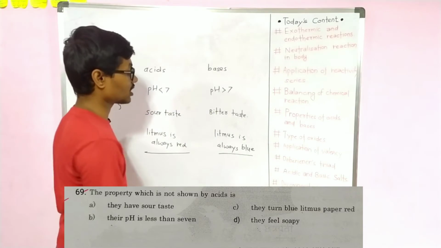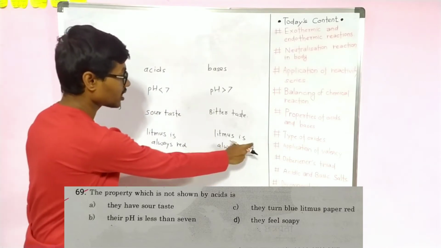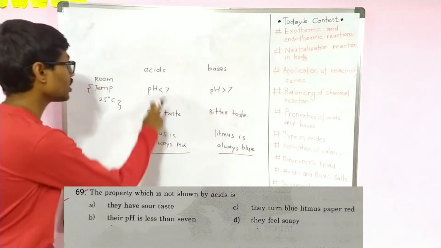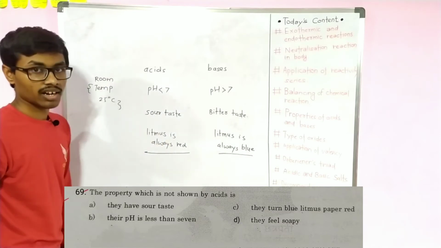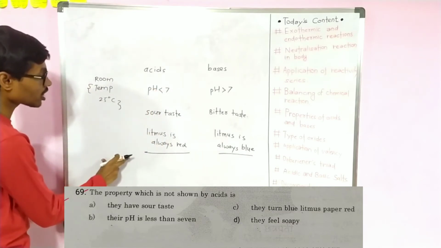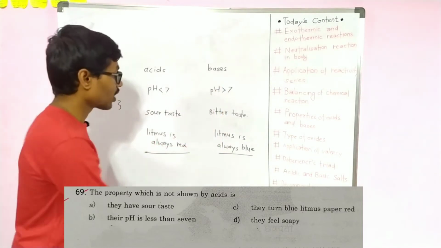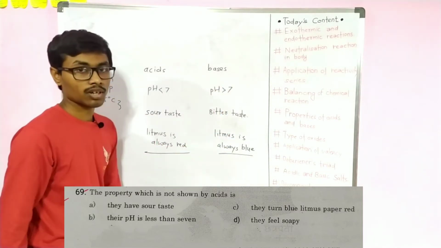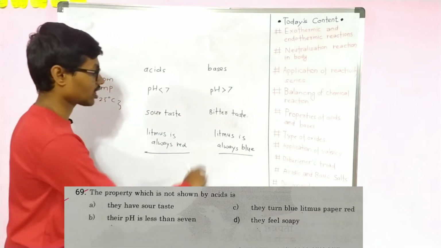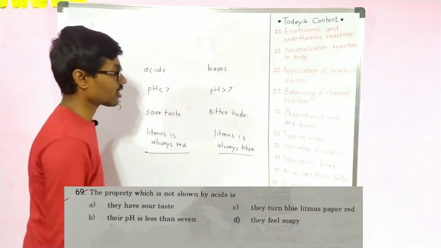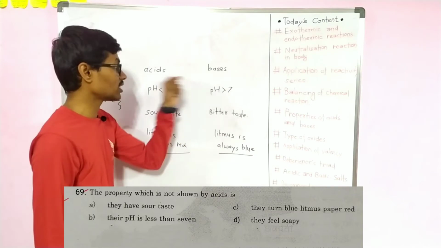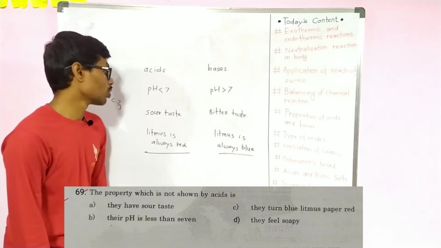And in case of bases, whatever may be the initial color, it is converted to blue. In acids, red litmus remains red, but when we add blue litmus paper, it is turned into red. In case of bases, when we add blue litmus paper, it remains unchanged. But when we add red litmus paper into bases, it is converted to blue.